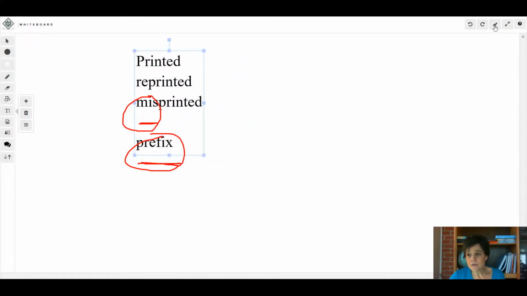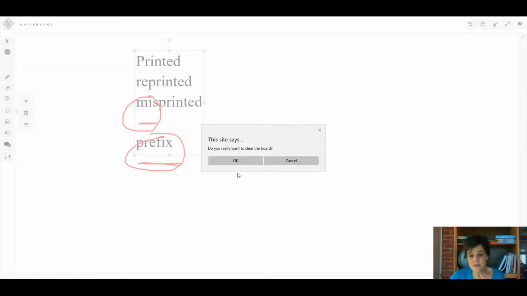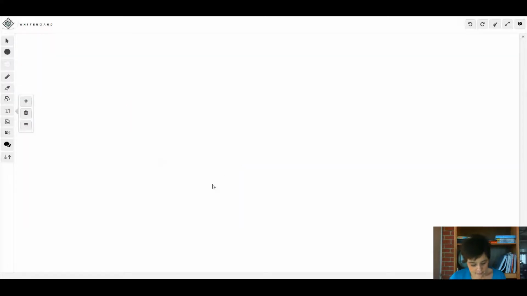Number 2, my goldfish are blank today. Not active. We need a word that means not active. So let's look up there. Remember, not has im, in, or non.